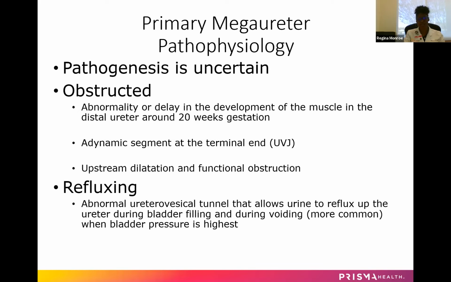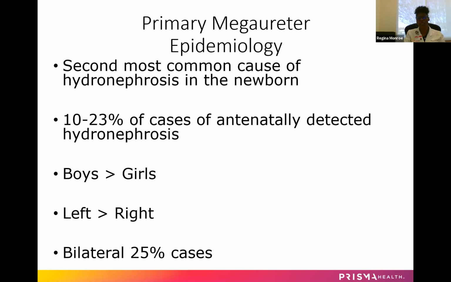With refluxing megaureters, it's thought that there is some abnormal ureterovesical tunnel that allows the urine to reflux up the ureter during bladder filling and also during voiding, which is most common when the bladder pressure is the highest. So when we think about, and as you said, in Rwanda, megaureters aren't that common.